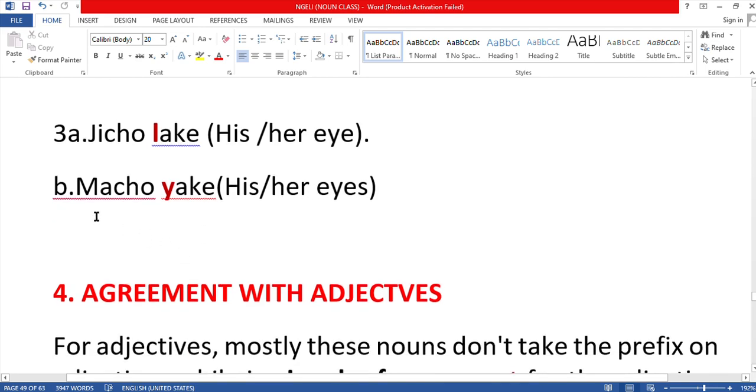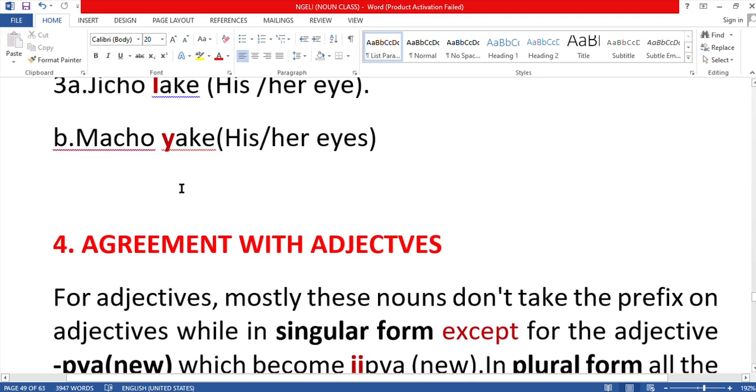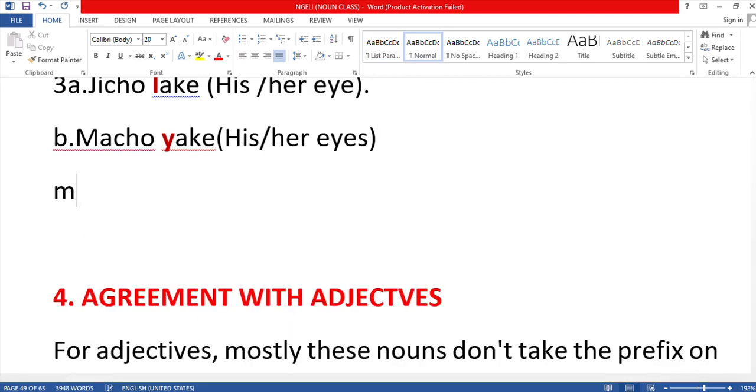So this is his or her eyes, and there are many eyes, two eyes, but they're for one person, so we say macho yake. If they're for many people and in the third person, you say macho yao. I should write here macho yao, their eyes.